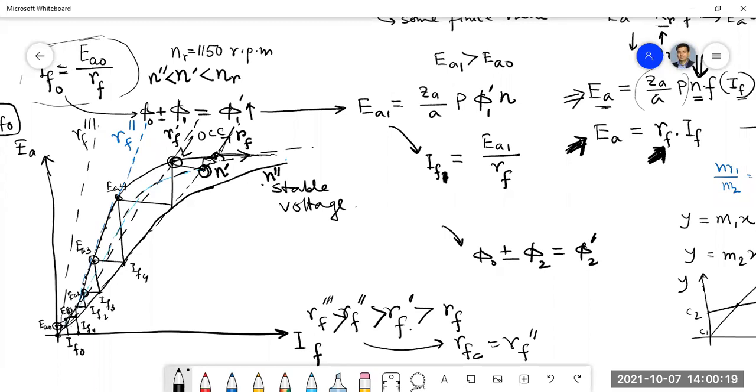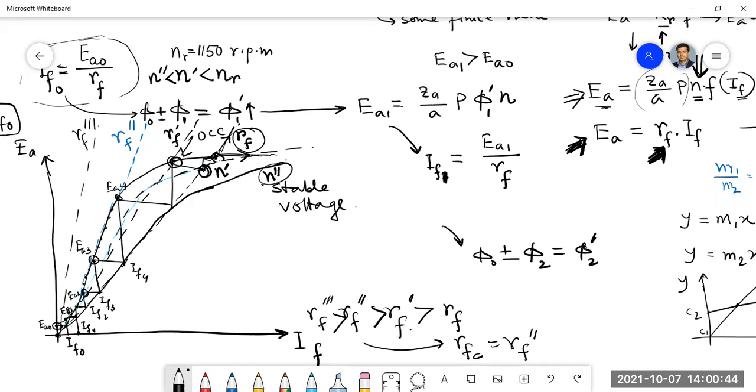Now what is the field resistance line here? In which line is the field resistance now for this situation? Let me know. We have RF only, okay? And we have this speed.